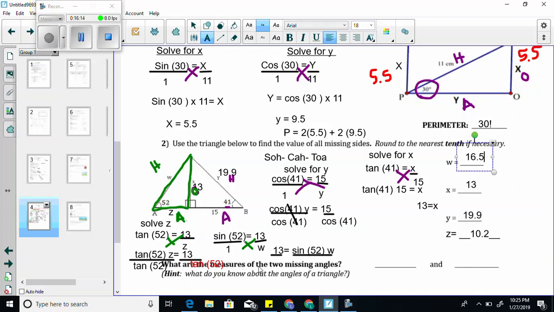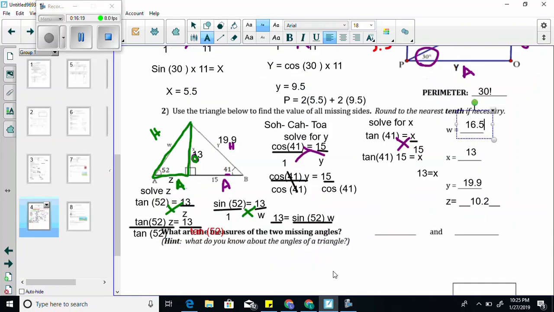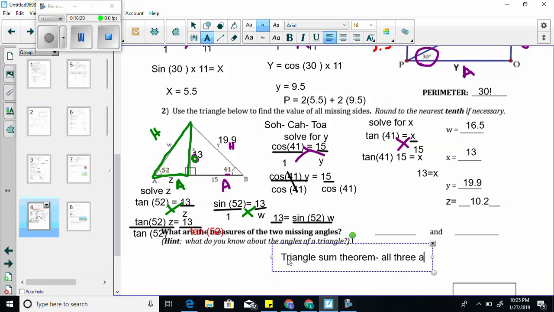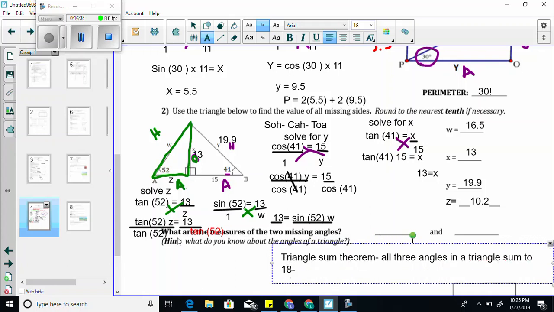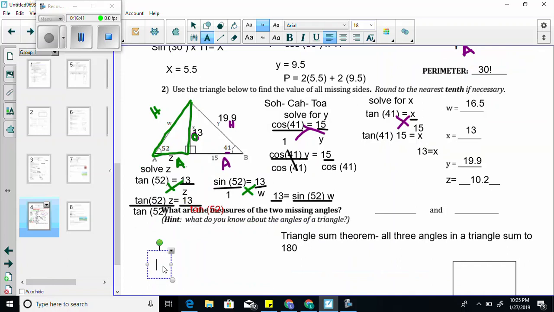Alright, the last thing they ask here, what are the two measures of the missing angles? Now this is just the triangle sum theorem that says all three angles in a triangle sum to 180. So, since I know that this is 52 and this is 90, this angle is going to be 180 minus 52 plus 90.